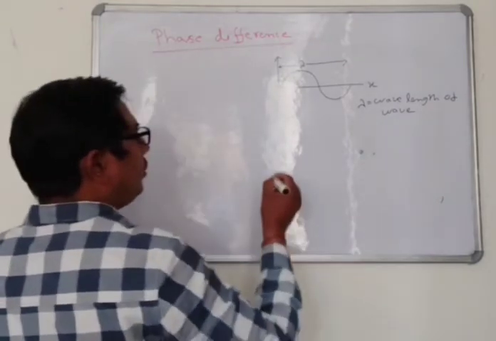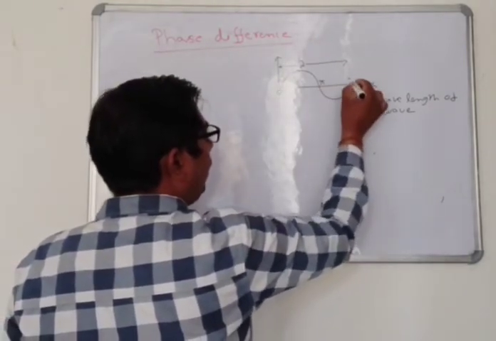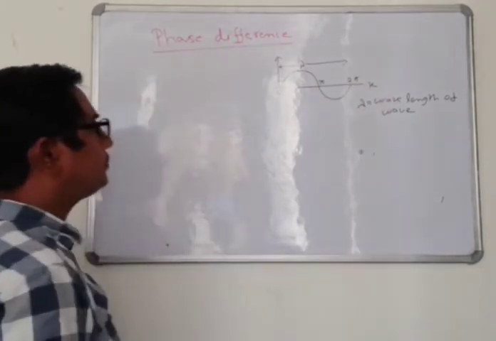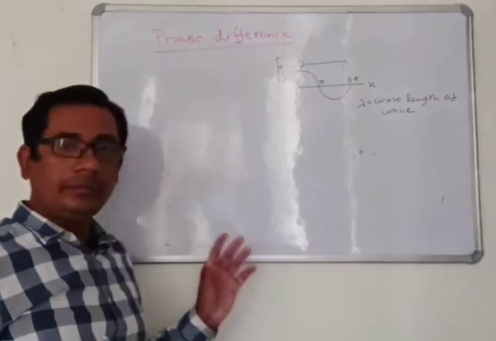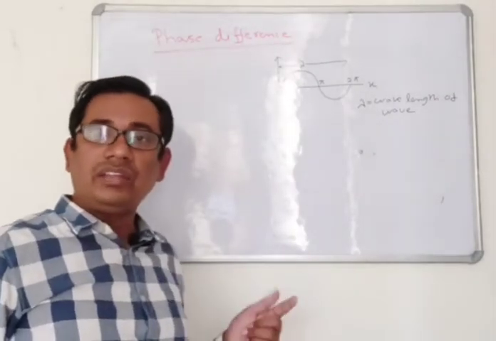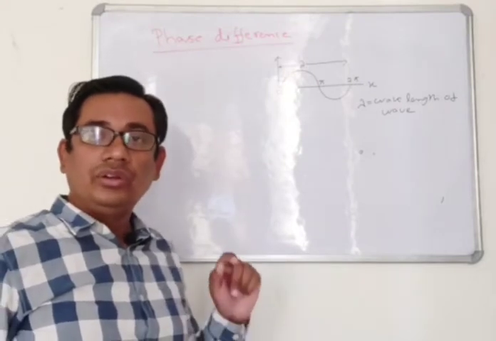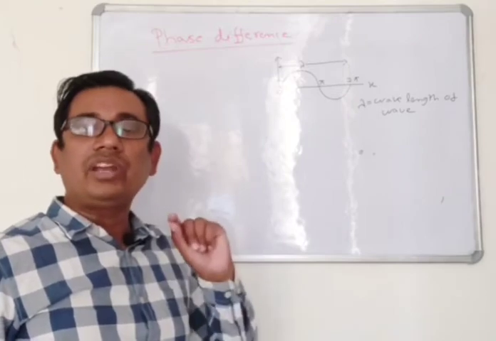And you know the value of the phase here is 0, pi and 2 pi. In the previous case, in the path difference, we basically assumed that light is traveling in a straight line.